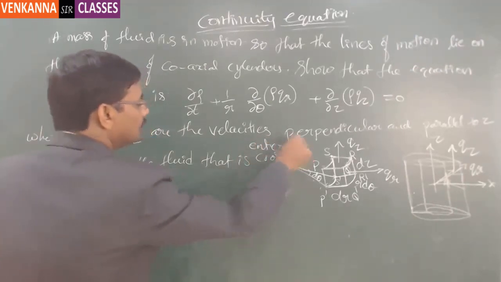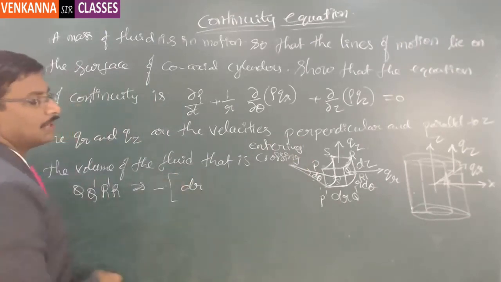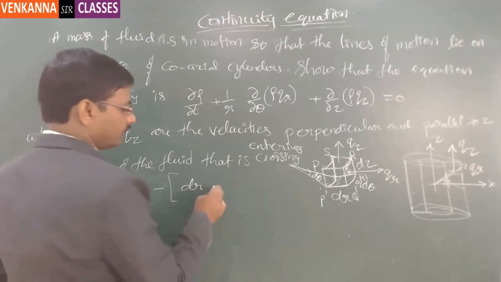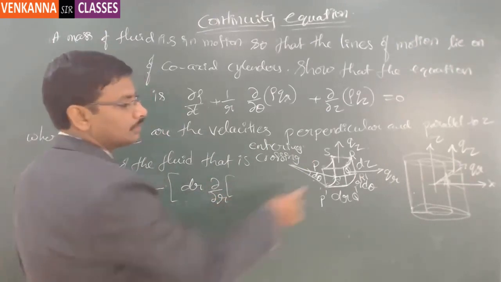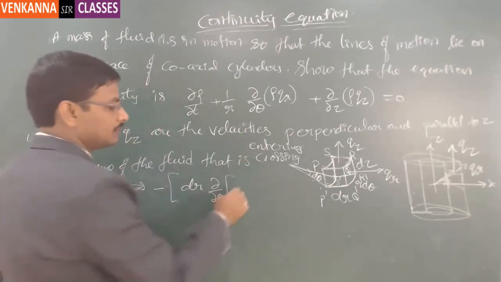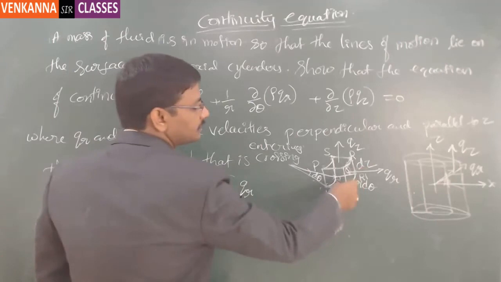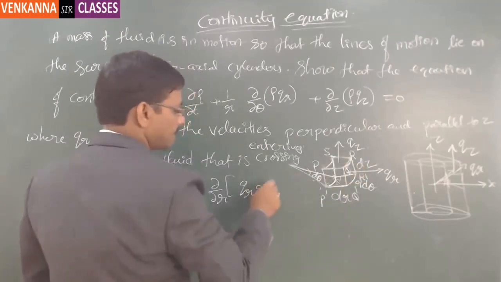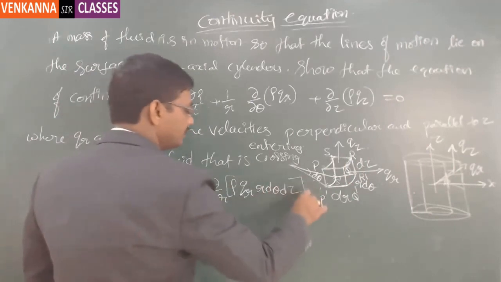So entering, you will be taking a minus sign, and then dr getting multiplied by the rate of change with respect to r, ∂/∂r of velocity into area of cross section. Velocity is qr and the area of cross section of this is r dθ into dz, multiplied by the density.